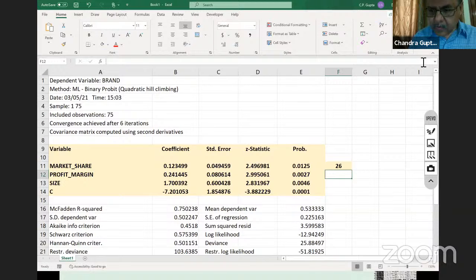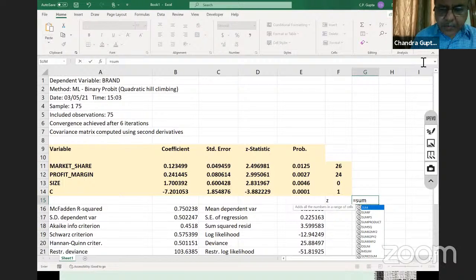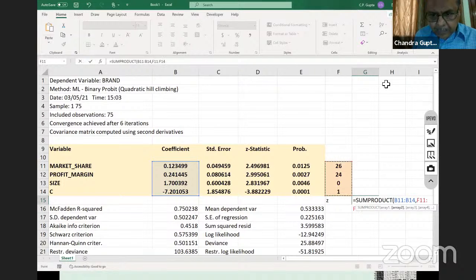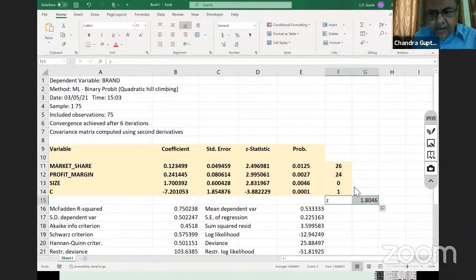Then my Z will be equal to the sum product, take the product of these coefficients with these numbers. That's the value of the Z which we get.